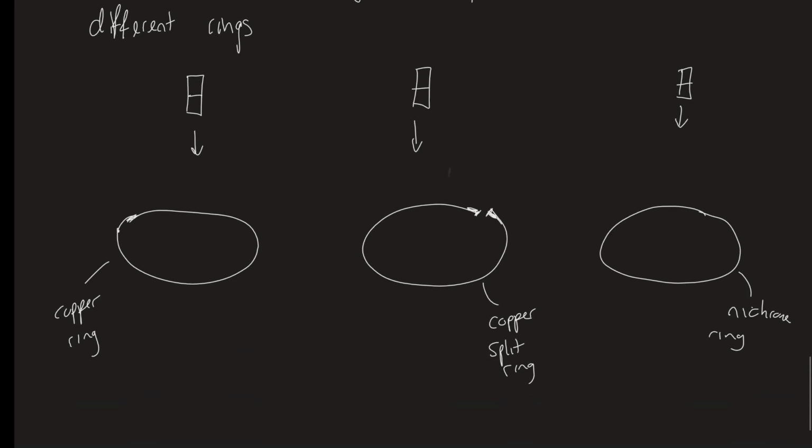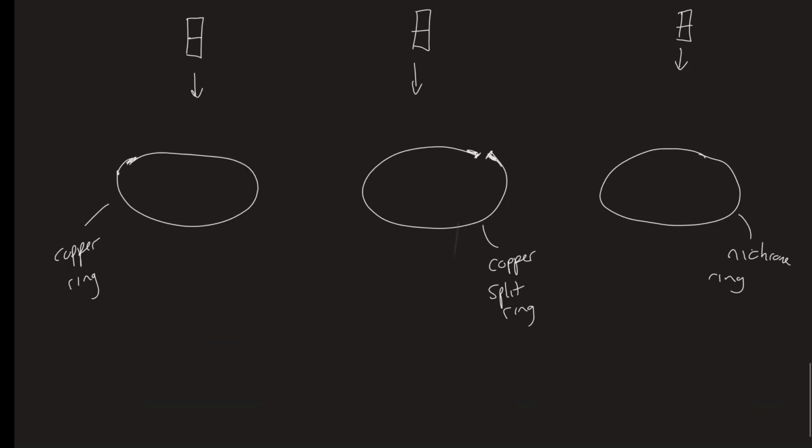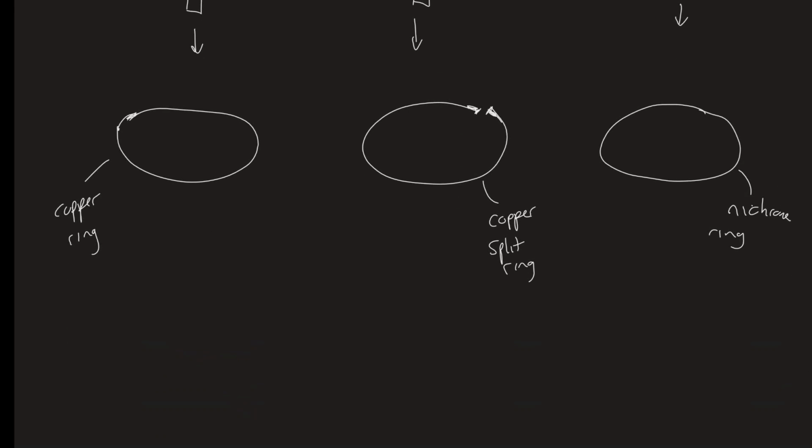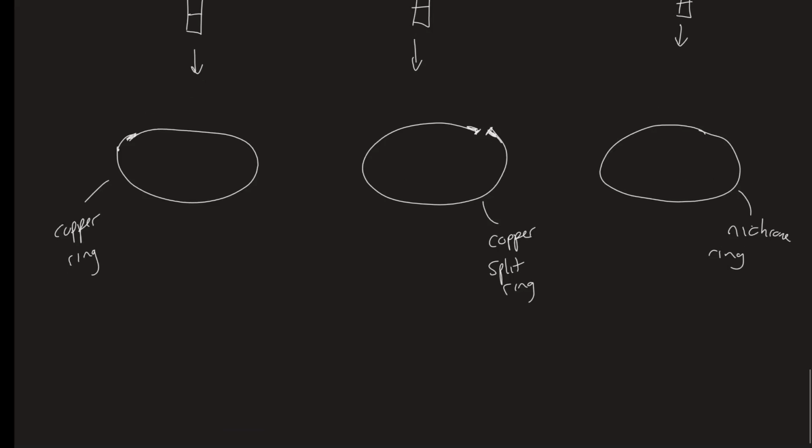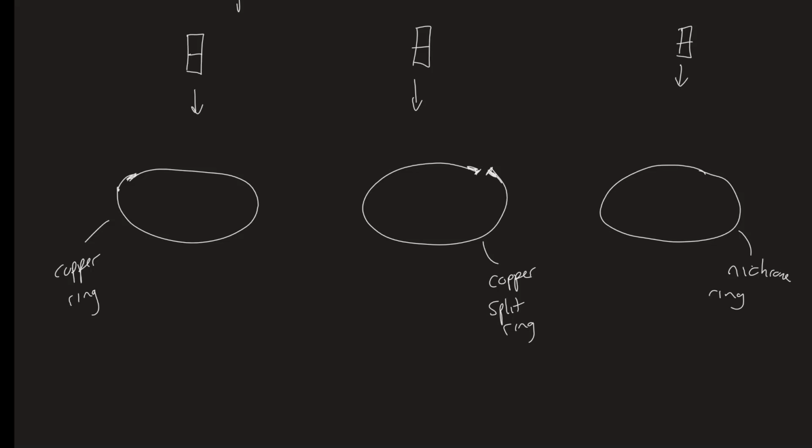In the case on the left, where we've got the copper ring, the magnet will fall through, and as it falls through, its flux, we can see some of its field lines there, will start to pass through the loop, and as a result will induce an EMF in the loop, but the direction of that EMF, or the current that results, is in such a direction so as to oppose the change that produced it. Well, the change producing it is that magnet falling through the loop.